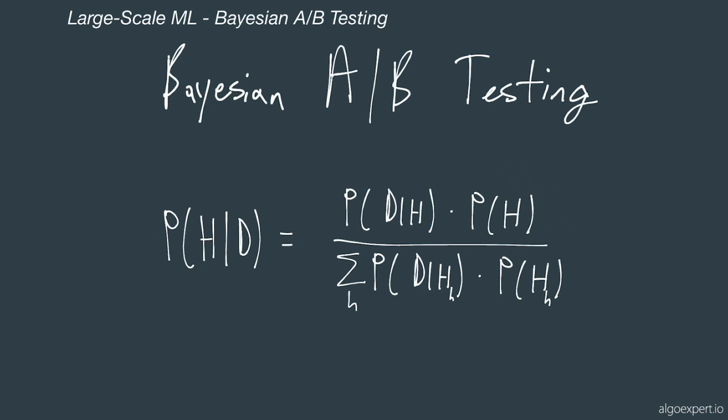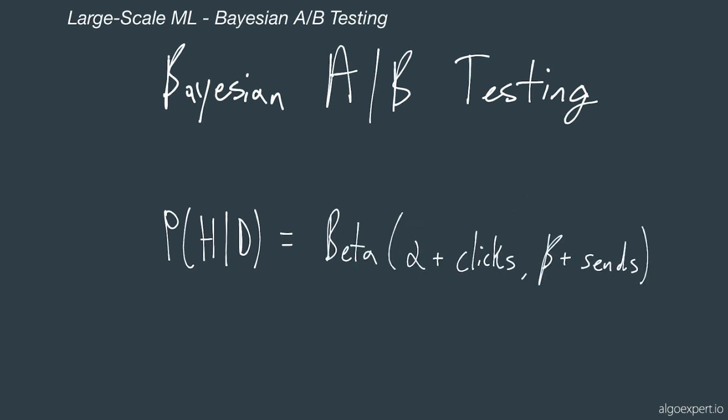That means that if we plug in all those substitutions that we had before, this posterior comes out to be this distribution here. So this is just a beta distribution with some alpha and beta priors. And then to get the final distribution, we add the number of clicks in our click-through probability, and we increment the number of sends for however many push notifications we have sent out.